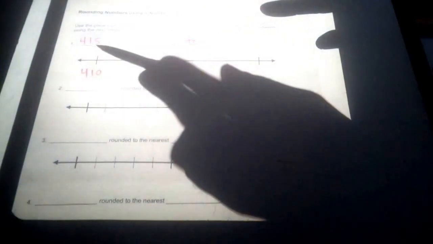So we're going to keep that tens place on the left-hand side. We have a 1 in the tens place, and we're going to keep that. And then, what's the next place value up in the tens place? Well, that would be a 2. So that would be 420.